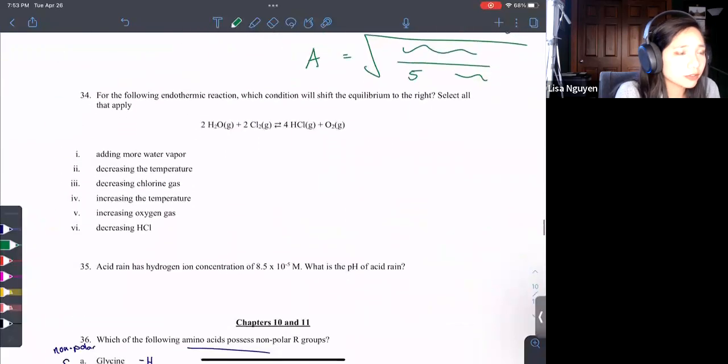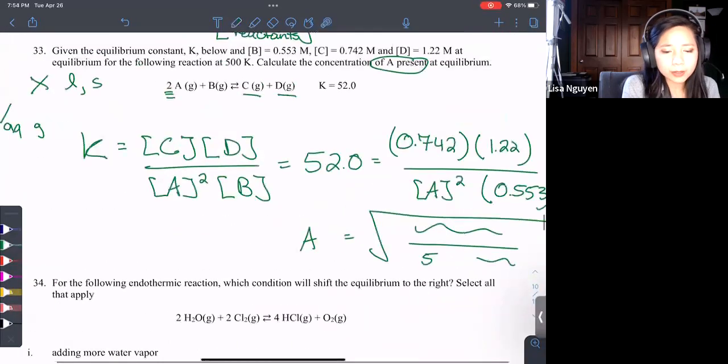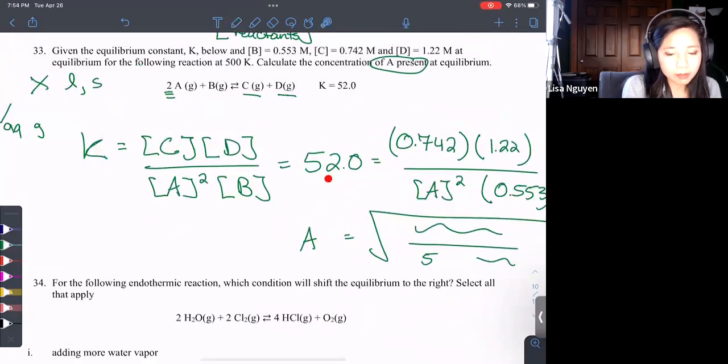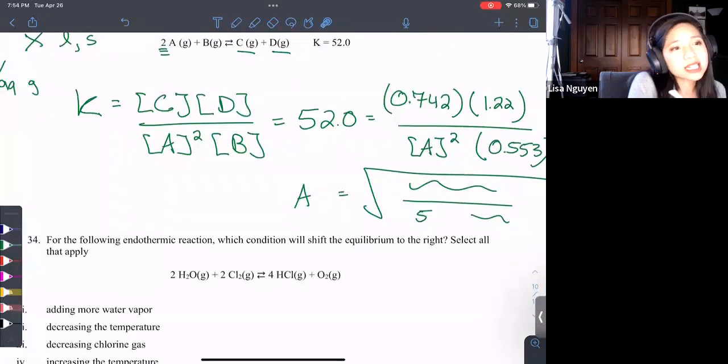Let's do 34. So here's a more conceptual idea of our K equilibrium. If we go back to this question, we get K when we are at equilibrium and actually measure the concentrations of all the species. What we're doing in 34 is asking, what if we disrupt the concentrations?